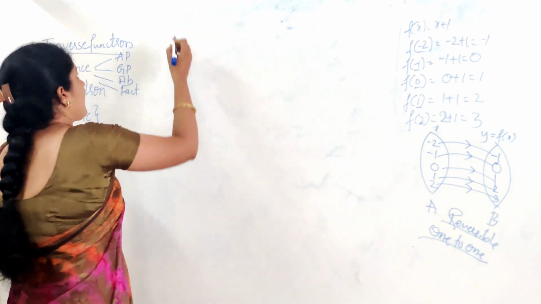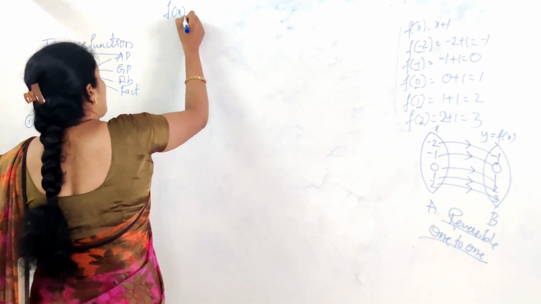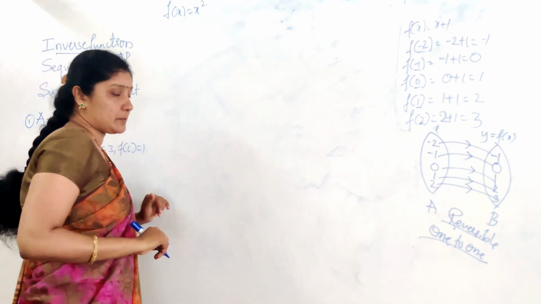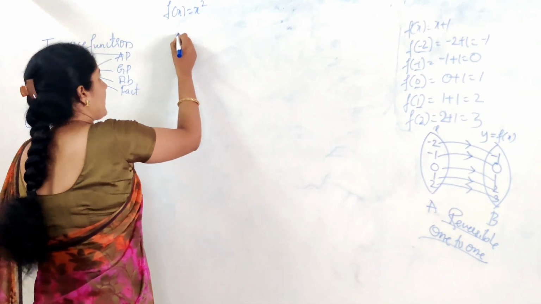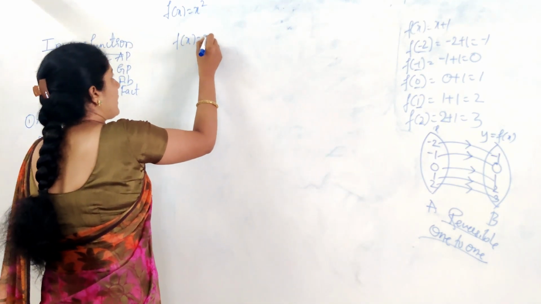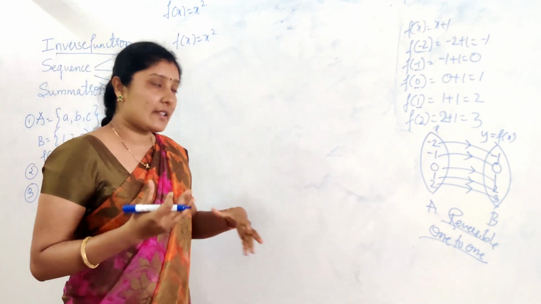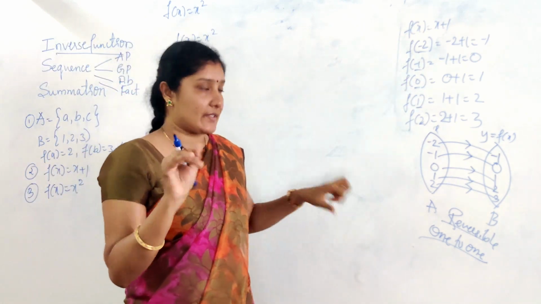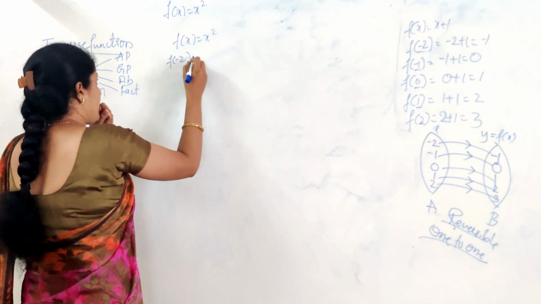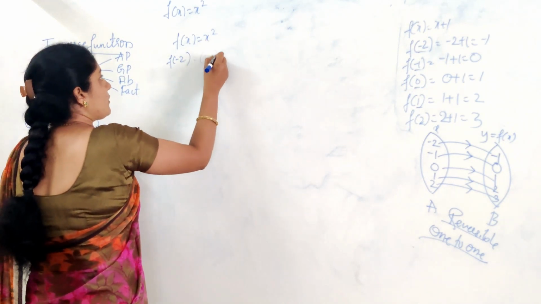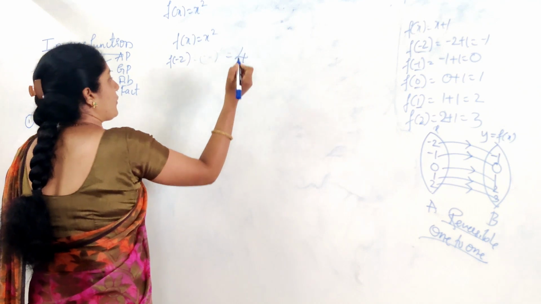That is f of x equal to x square. So similar to that one, what is the expression we have? f of x equal to x square. Now let us take the values as it is. So f of -2 is -2 whole square, that is 4.